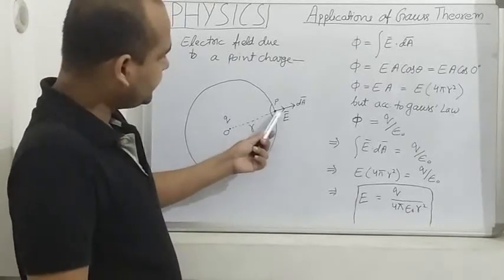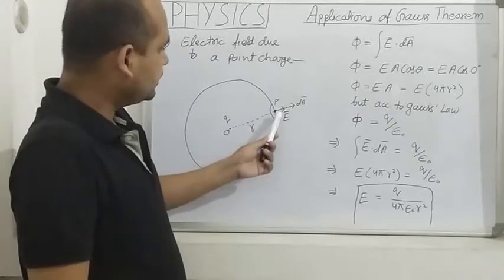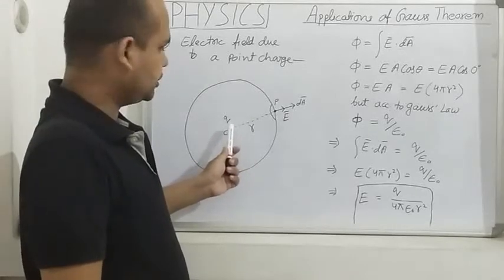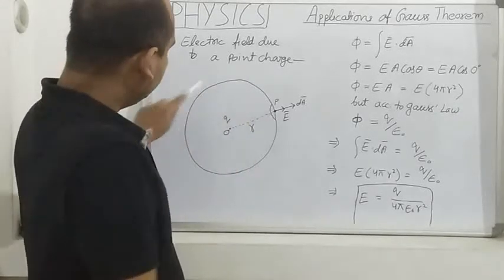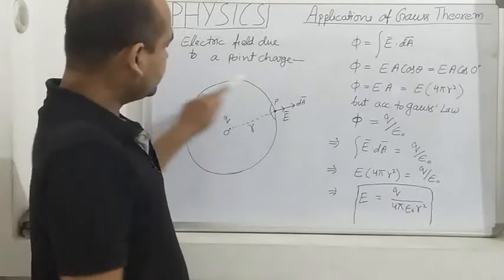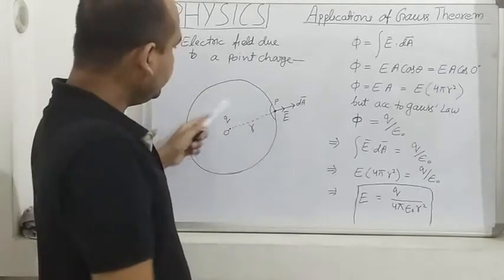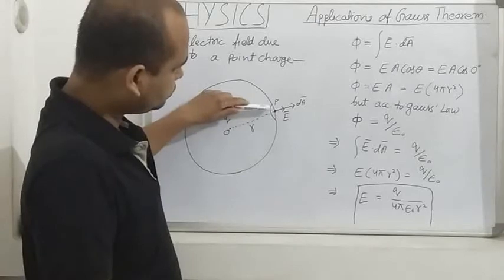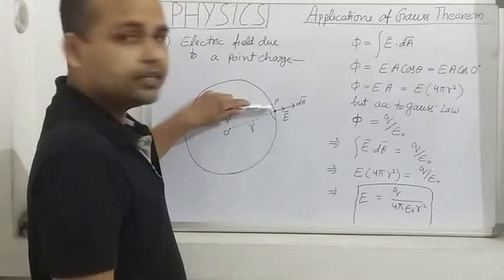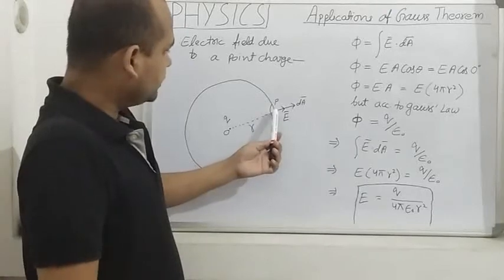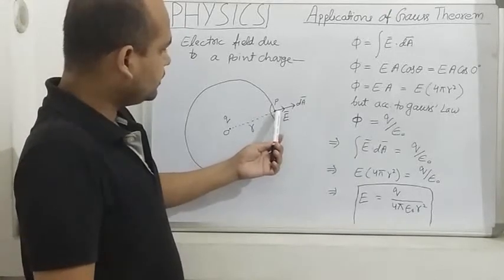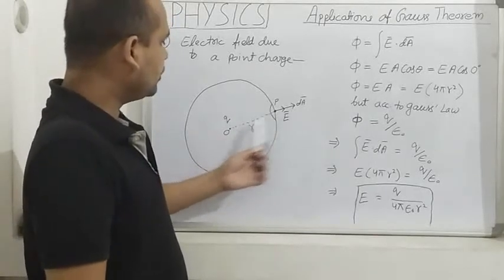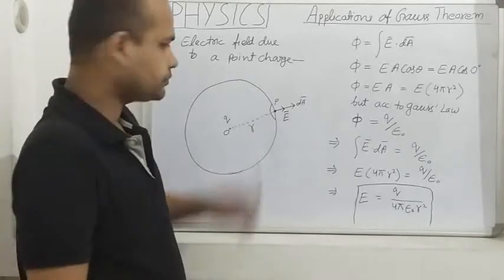So this is point P where we have to find the electric field, and the point P was at a distance r from the source charge Q. We have chosen the sphere in such a way that it is passing through this point P, and therefore the distance of the point P from the charge Q has become the radius of this sphere.